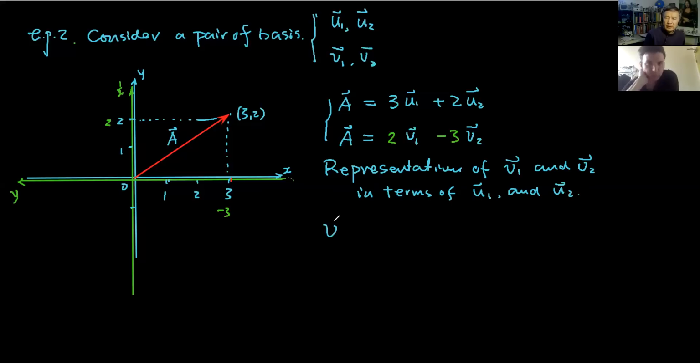For example, how do we write V1 in terms of the two basis vectors? Because this is also a vector. You agree?